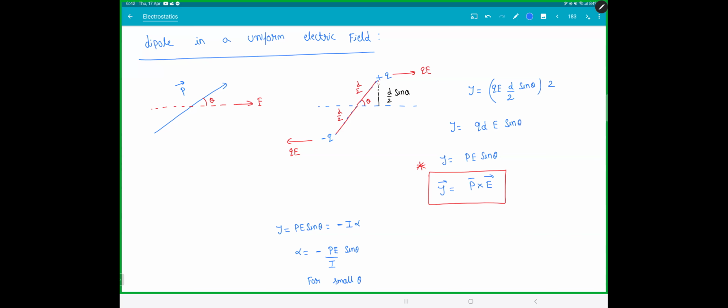This is your SHM. Therefore, this thing will start oscillating with time period 2 pi root over I by PE. They can ask questions like this also based on dipole. So if you put this dipole and disturb it slightly, it will oscillate with this time period for small angles. There, your SHM doesn't leave anything.